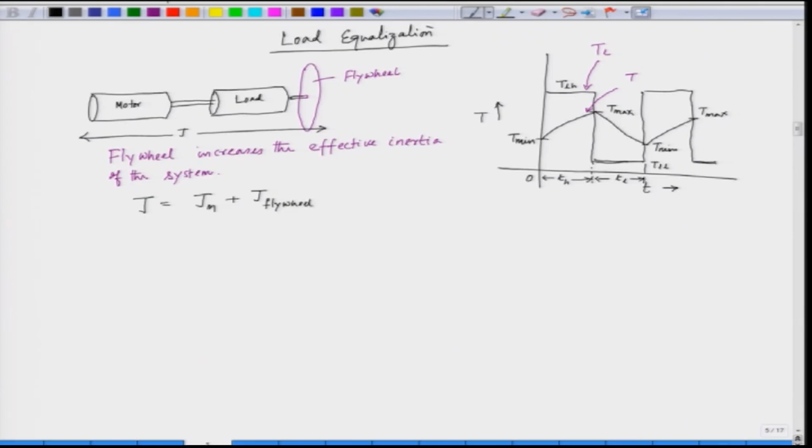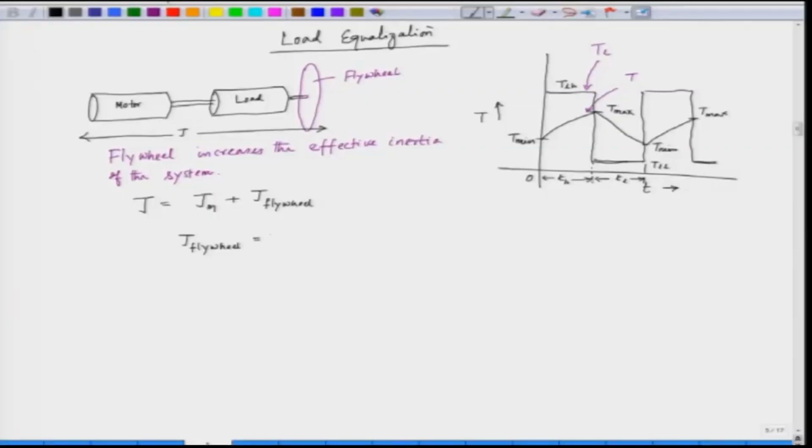Now, when we connect a flywheel, we have to find out what should be the inertia of the flywheel, so that we achieve the desired T minimum and T maximum. We can do that by plotting the motor characteristic.